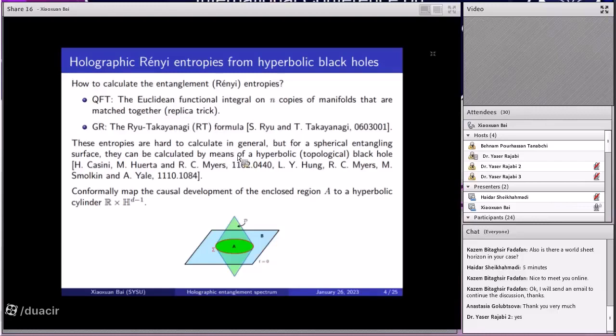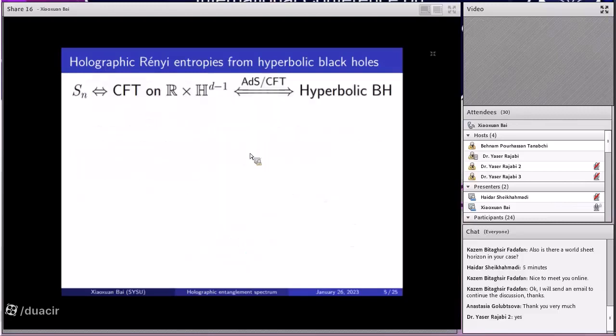This approach conformally maps the causal development of the enclosed region A to a hyperbolic cylinder. Then the entanglement entropy can be obtained from the thermodynamics of the CFT living on the hyperbolic cylinder. In terms of the AdS/CFT correspondence, we can consider a hyperbolic black hole.